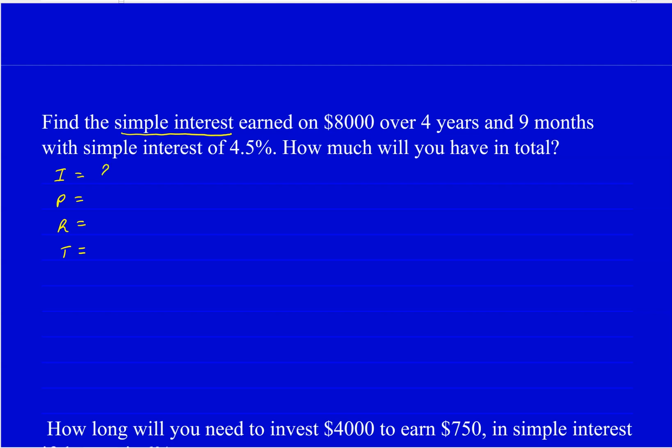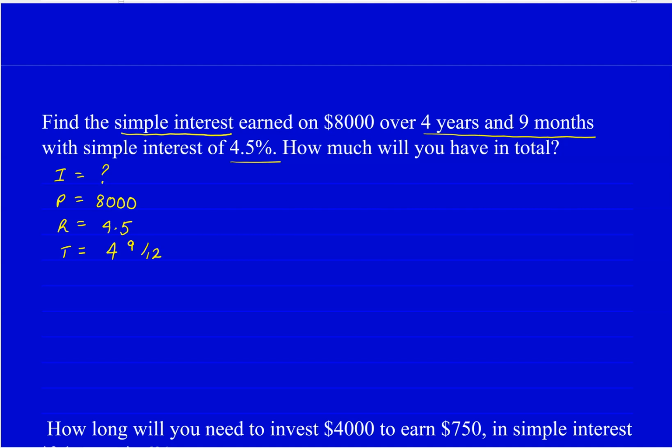So that means we're trying to find I. $8,000, that's what was invested originally, so that's going to be our P. Our rate, that's the one with the percentage, that's pretty easy to find. Remember, we're using the one where it's dividing by 100 within our formula, so we just write 4.5. Now time, 4 years and 9 months. We're going to write that as 4 and 9 over 12.